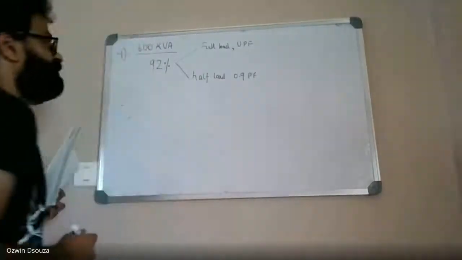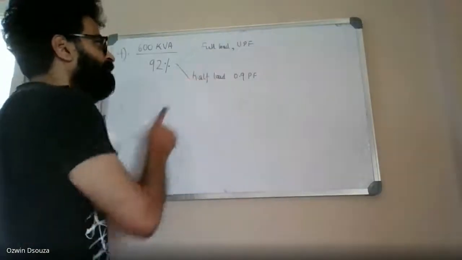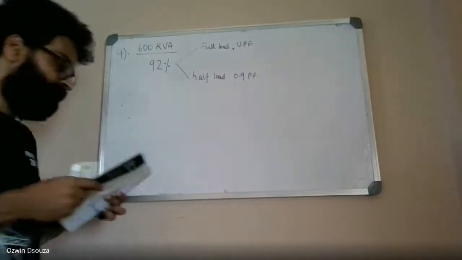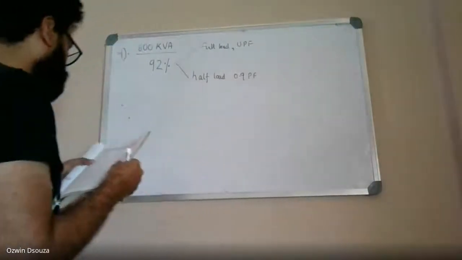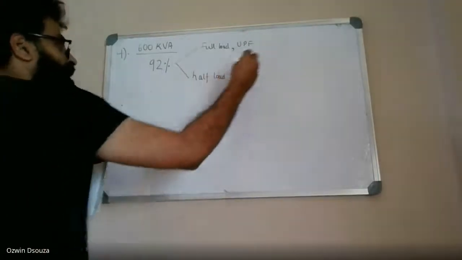So same efficiency is found at full load UPF and half load 0.9 power factor. Determine its efficiency at 75% of full load and 0.9 power factor.